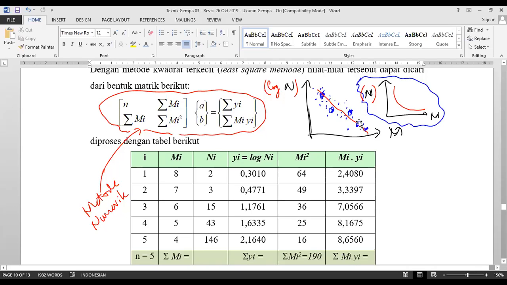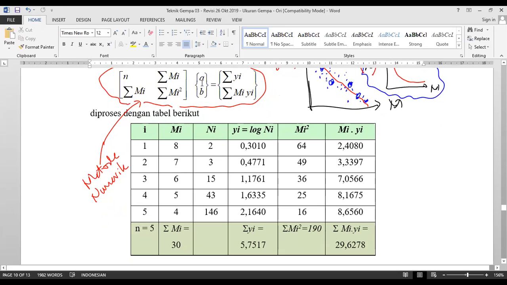So it will look like a line. This line is the seismicity curve, because if we convert to a logarithmic scale, it will be linear.